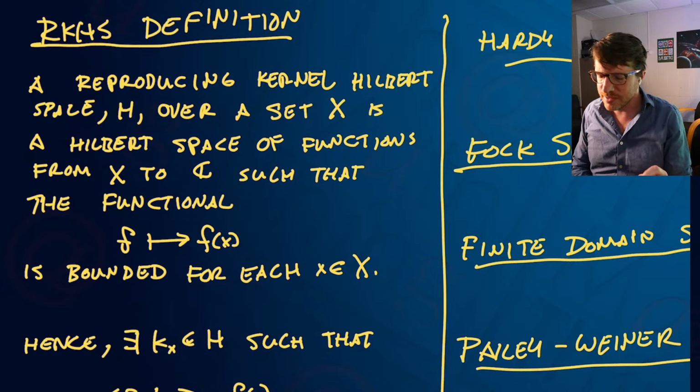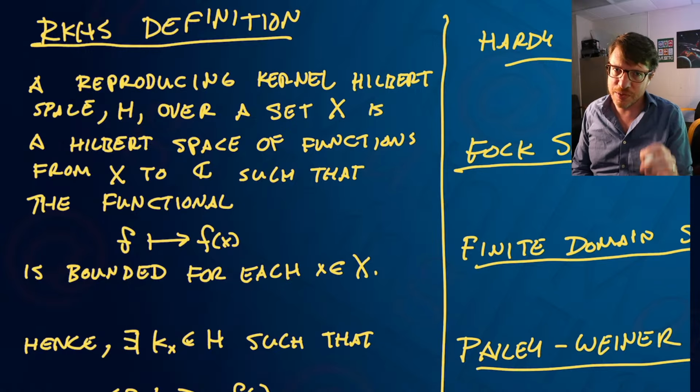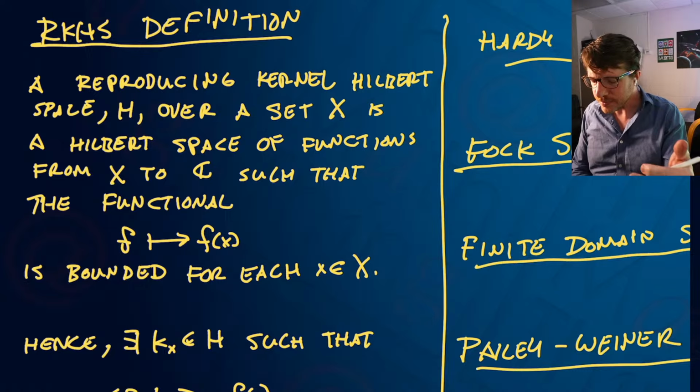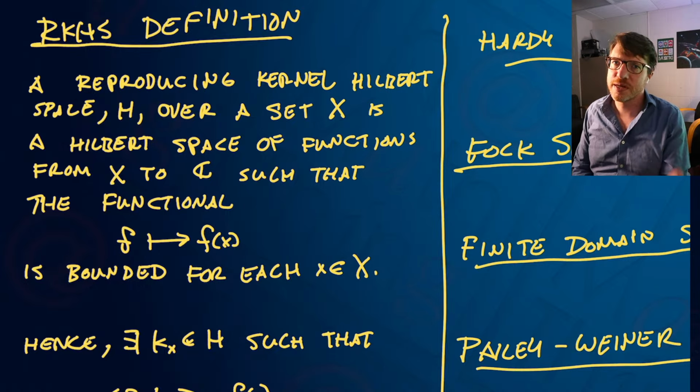Now what's significant is that this means we can't look at L2 as itself being a reproducing kernel Hilbert space, because function evaluation at a point does not make sense for L2 functions, because they are equivalence classes of functions that can differ on measure zero sets, which includes point sets.